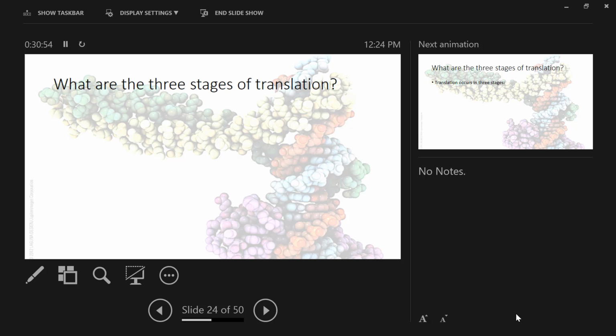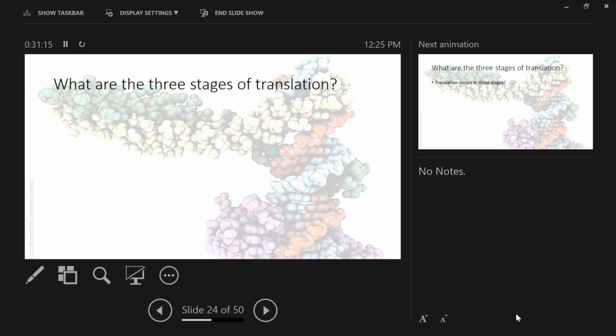All right, group 2, the remaining 2 members of group 2. Initiation. We said the ribosomes move down the mRNA and begin at the start codon. Yeah, so they're scanning, right? And so overall in initiation, the small subunit binds to the mRNA and scans it.